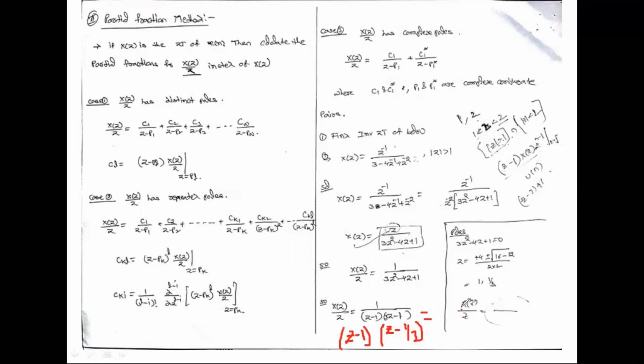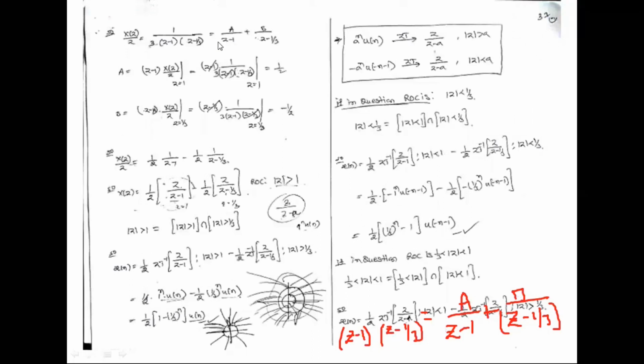So rewrite this function as a by z minus 1 plus b by z minus 1 by 3. You see, the 3 also comes here. Multiplying the 3, then only the 3 and 3 cancel. So a by z minus 1 plus b by z minus 1 by 3.